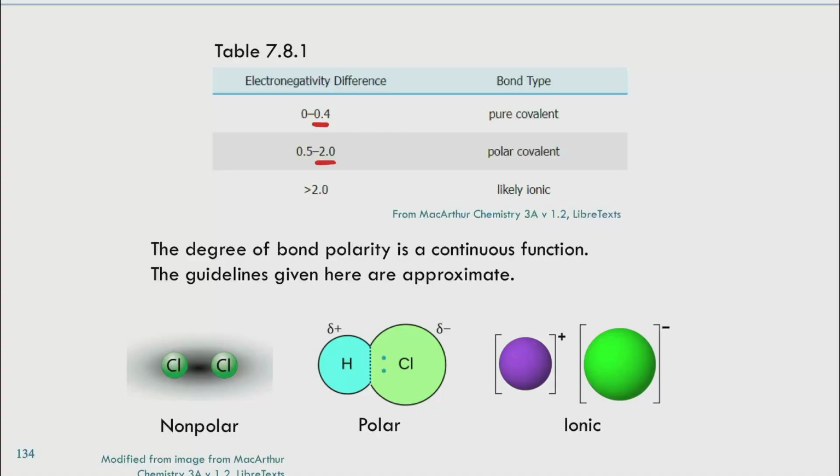If it's below 0.4 in terms of electronegativity difference, then that's going to be pure covalent, aka nonpolar. If it's somewhere in the middle between 0.5 and 2, then that's what we would call a polar bond or polar covalent. And if it's greater than 2, then it's ionic.